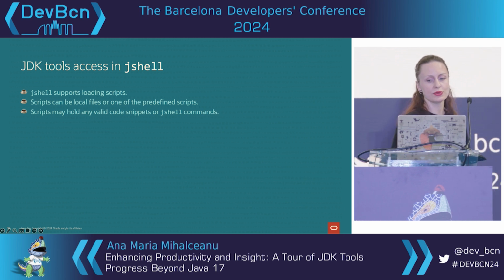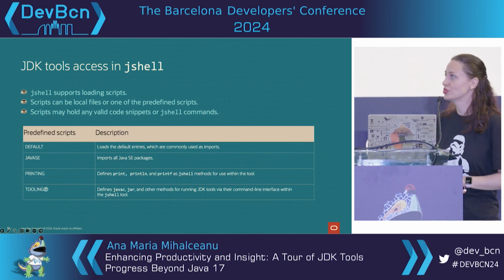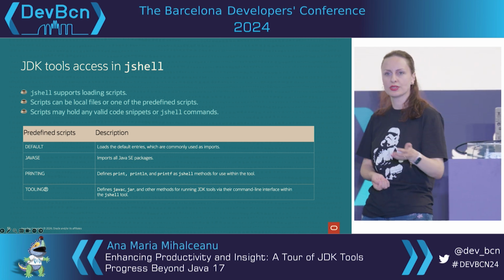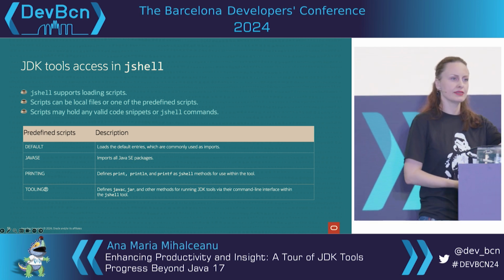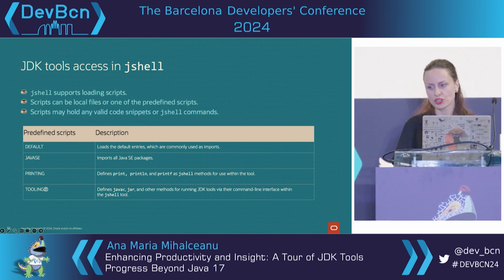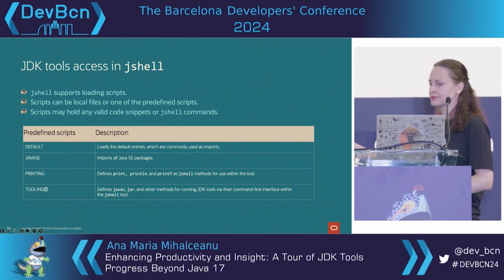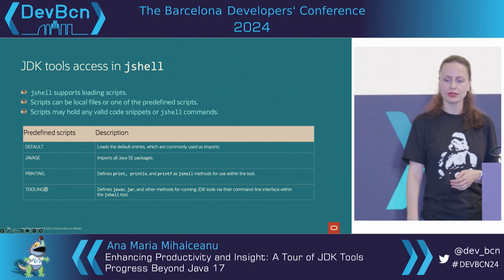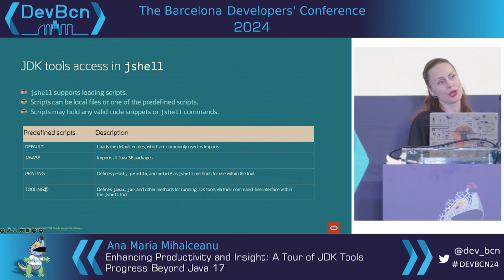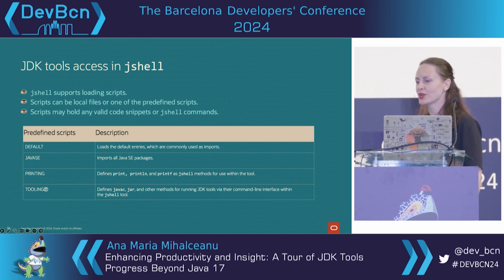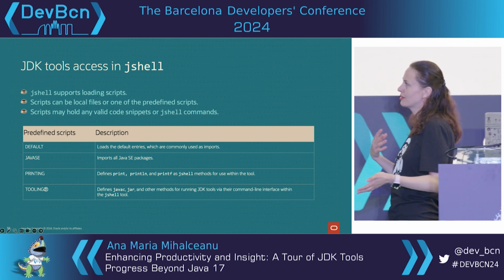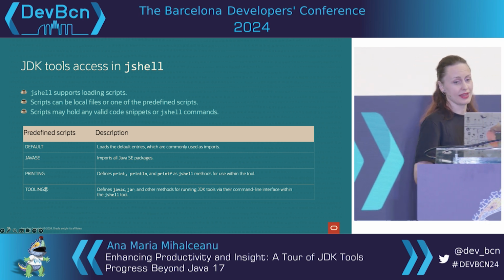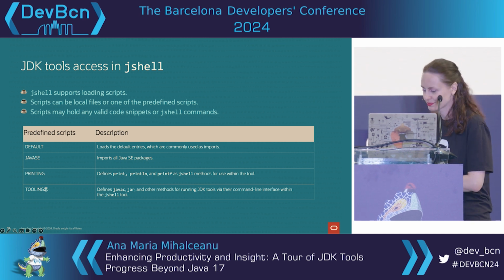The default one allows just the default entries that you can use in the imports. JAVASE just imports all the Java SE packages. Printing defines println, printf, and so on. And starting with JDK 21, you have tooling, which defines javac, jar, and other methods for running JDK tools within the command line interface from JShell.